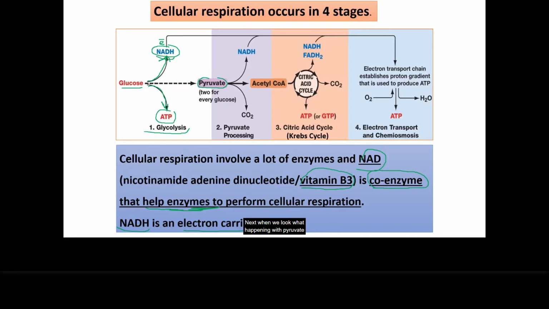Next, when we look at what is happening with pyruvate, there will be the second stage of cellular respiration, and during this stage pyruvate will be broken down during enzymatic chemical reactions to acetyl-CoA. Acetyl-CoA will be produced. In the same process, we will have another byproduct, an unnecessary product we can say, carbon dioxide, which will be produced.